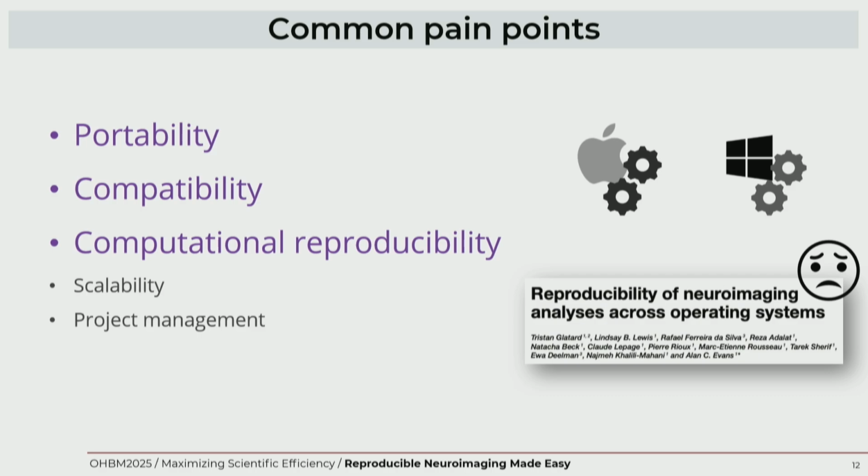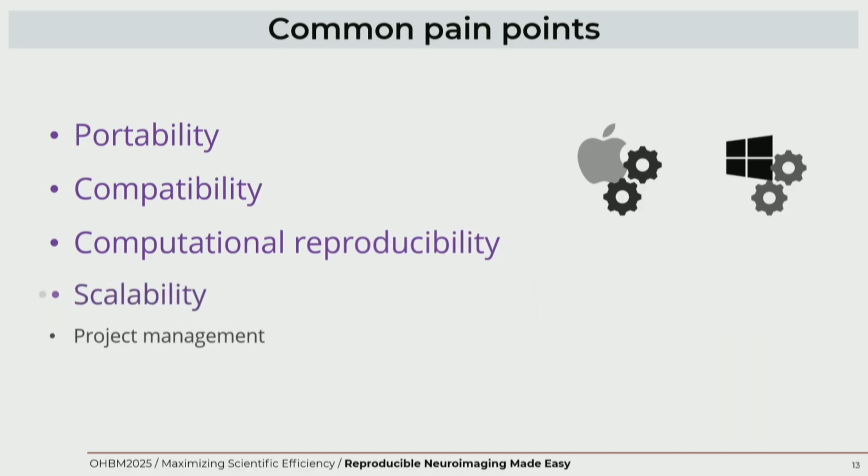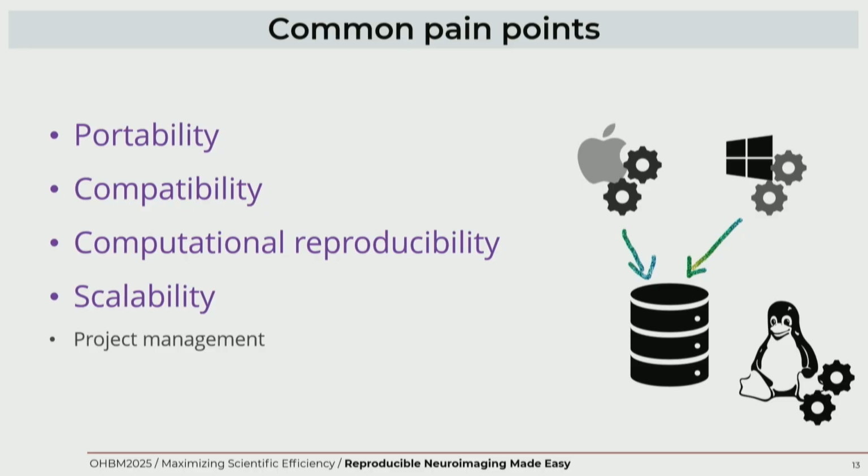So if this is not a major problem in itself for you, there is more. Because you have to install software compatible with your operating system, you always have to do extra work if you want to port your analysis to a HPC cluster or cloud resources, which means that scaling up data processing is not necessarily straightforward.